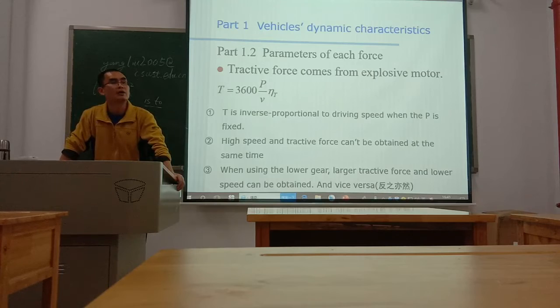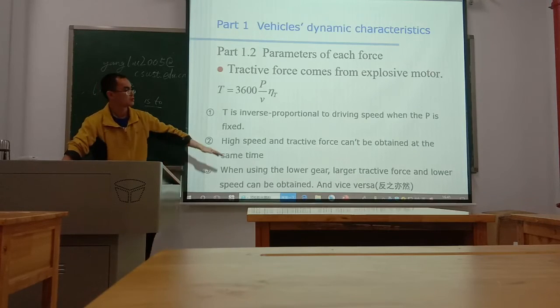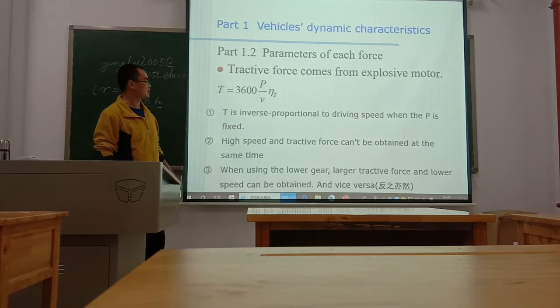P is power. V is speed. High speed and high tractive force cannot be attained at the same time.